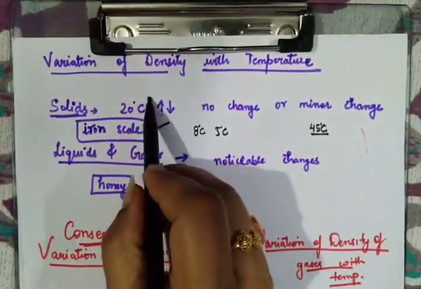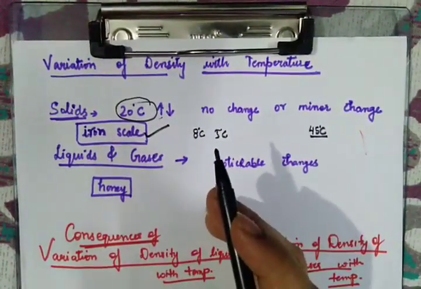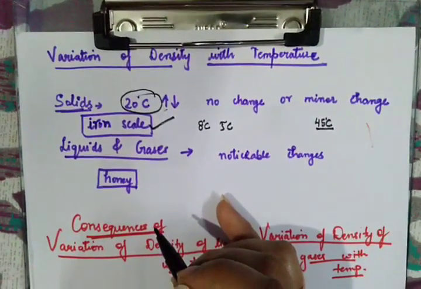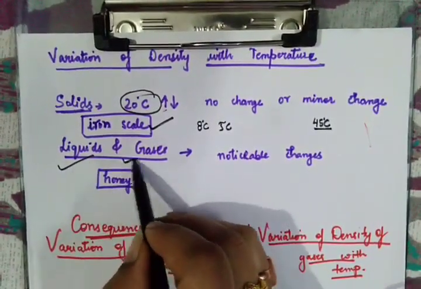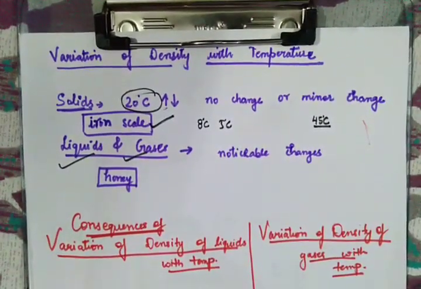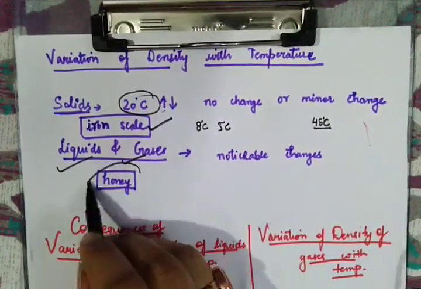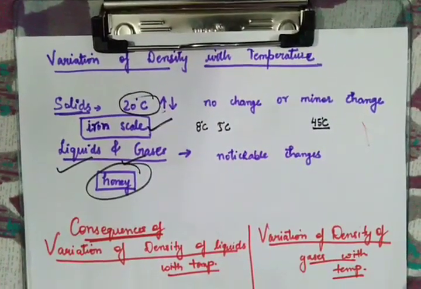So for around 20 degree temperature up and down, if I raise the temperature by 20 degrees, or if I lower the temperature by 20 degrees, there is hardly any change in the case of solids. But yes, in the case of liquids and gases, there are changes that you can easily notice. Like over here I have written the best example that you can see at your home right now, which is honey.